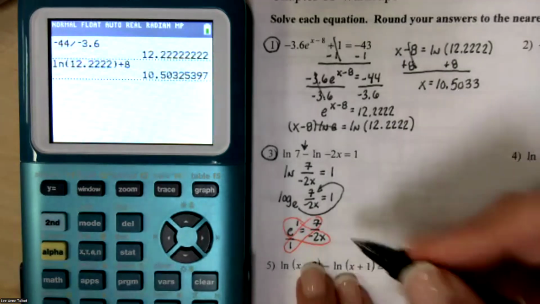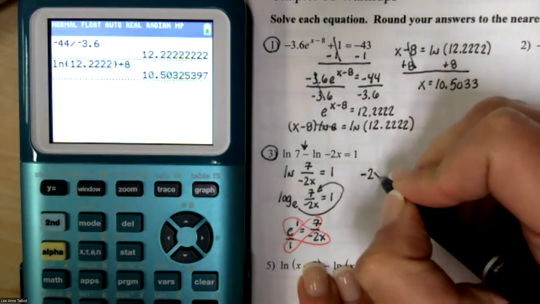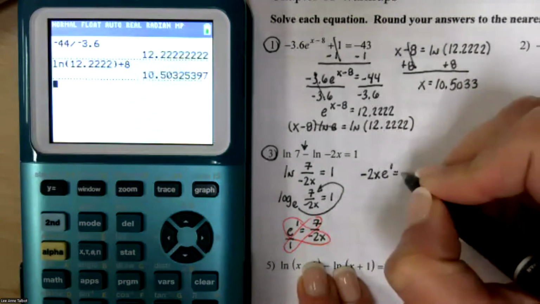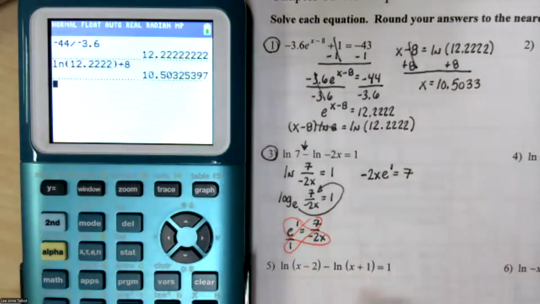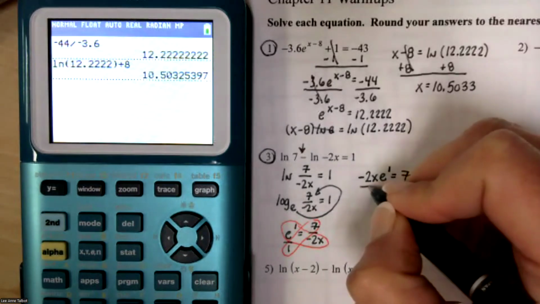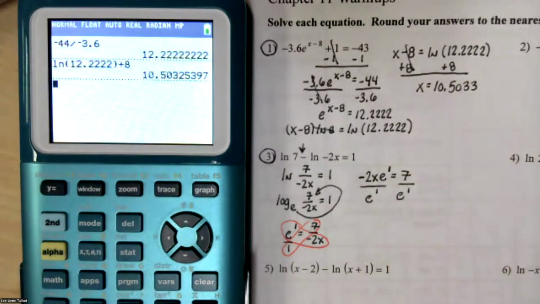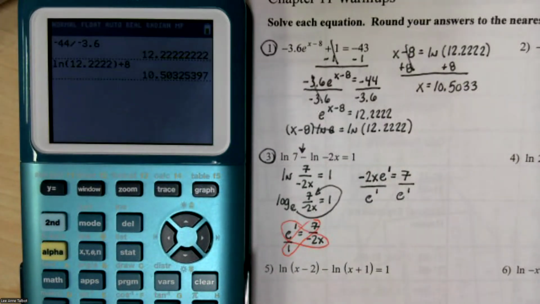Okay, so -2x e to the 1 equals 7 times 1 is 7. Okay, now, do you need to write e to the 1? Do I need to be writing e to the 1?